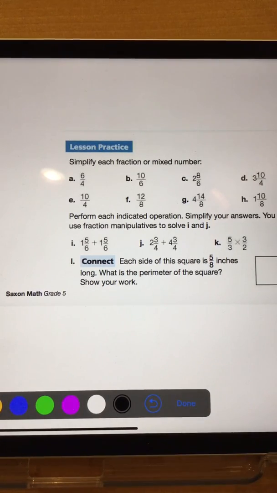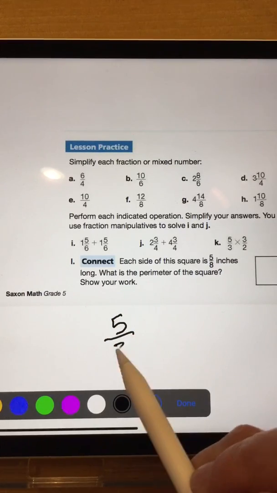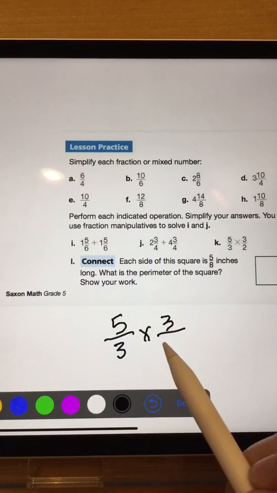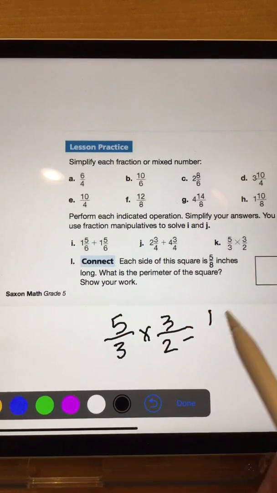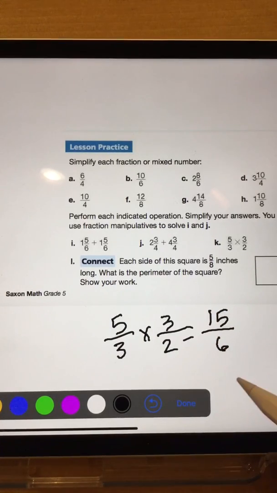K is a multiplication problem. I am multiplying my fractions. So I just go ahead and multiply. 5 times 3 is 15. 3 times 2 is 6. This is an improper fraction, so I need to put my 15 and divide it by 6. 6 goes into 15 2 times.